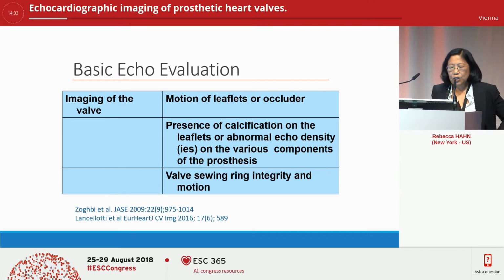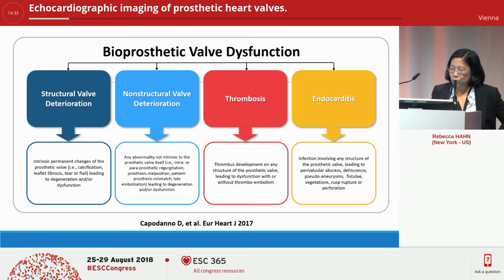Now, the second thing that's important is the motion of the leaflets or occluders, and then to look and see whether or not you have calcification or abnormal motion, and then the valve sewing ring and integrity. And this gets to the determination of bioprosthetic valve dysfunction. This is again out of the European Society of Cardiology, looking at the definitions, and there may be 20-some odd papers out there proposing various criteria for structural valve deterioration, but most of them are fairly similar.